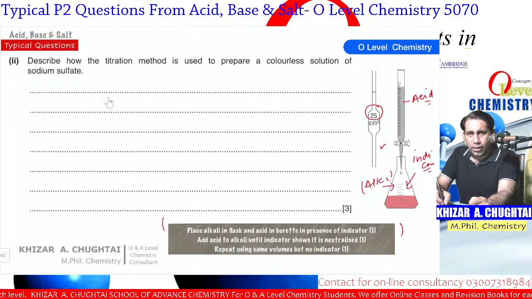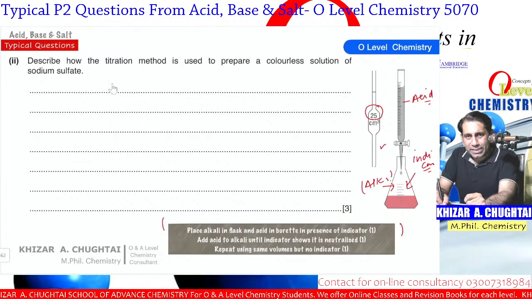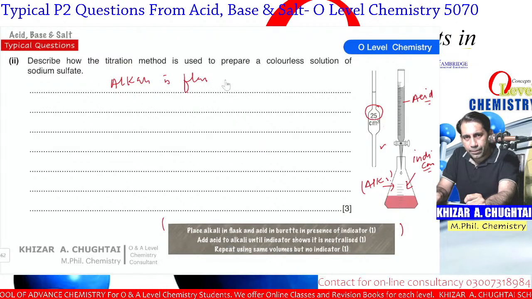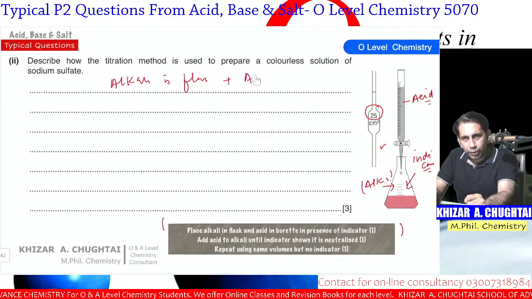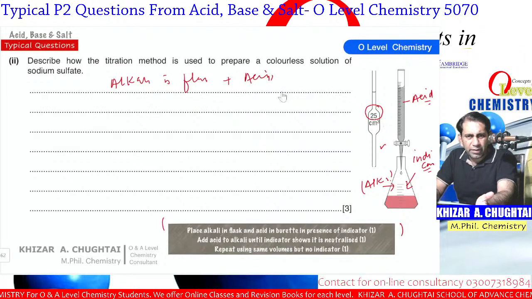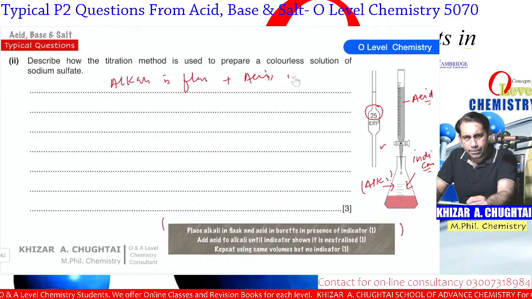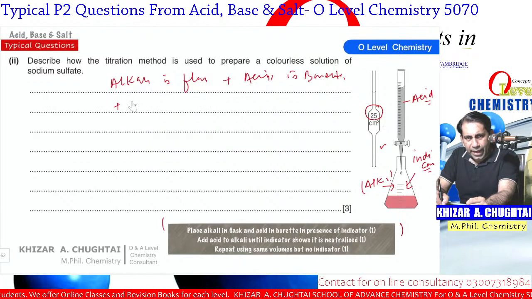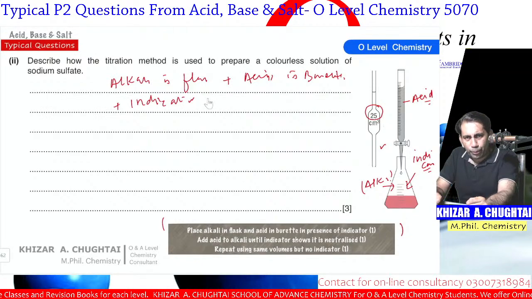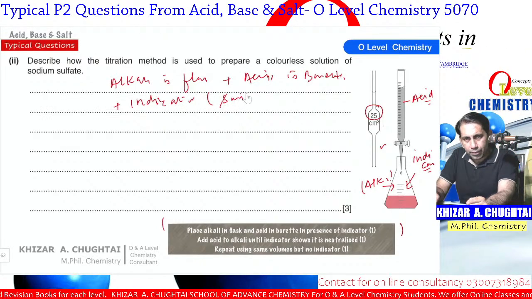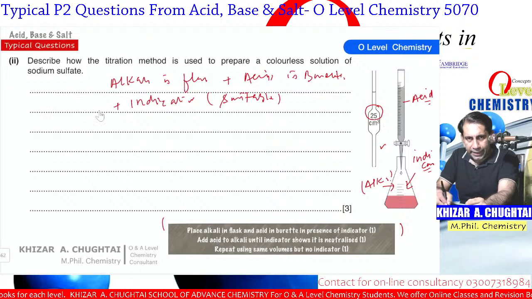So first of all, place alkali in the flask and acid in the burette. Add an indicator, it must be a suitable indicator.